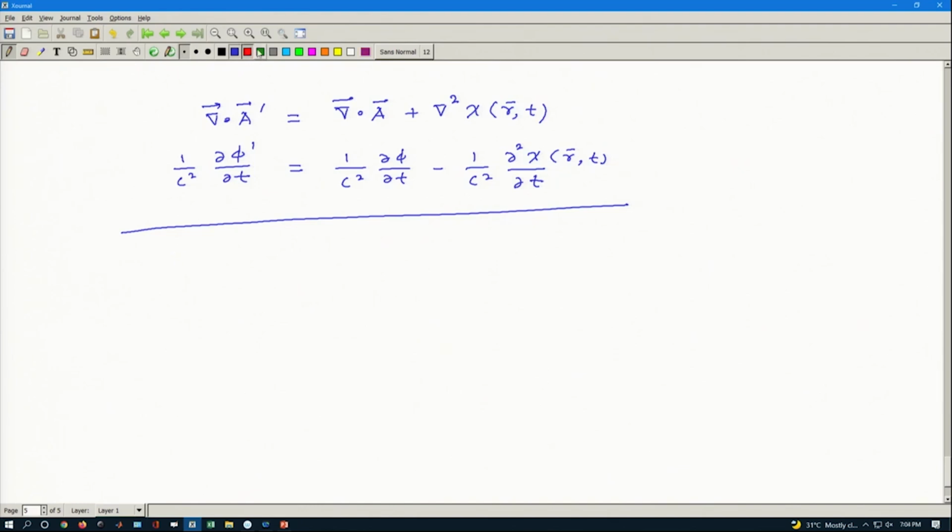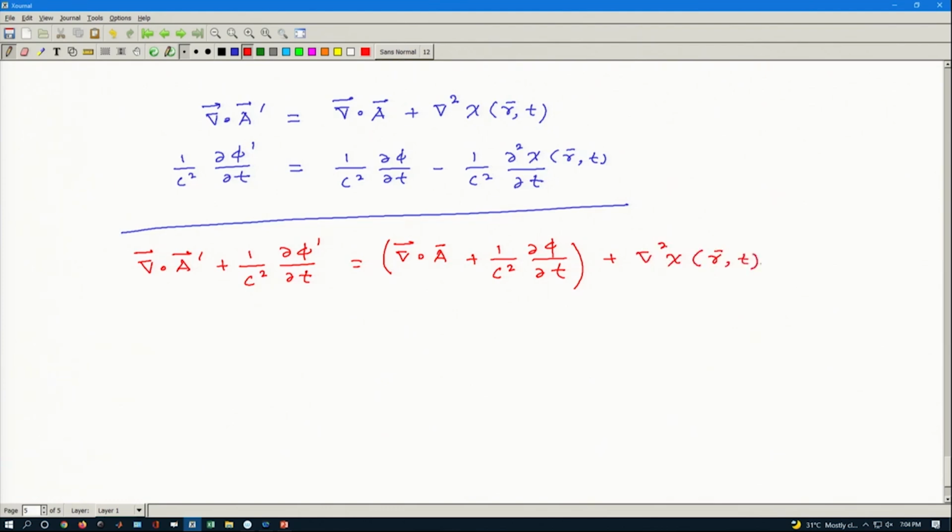If I add, then the left hand side becomes the divergence of A prime plus 1 by c square d dt of phi prime, and this term is the divergence of A plus 1 by c square del phi del t, this quantity, plus the Laplacian of chi of r and t minus 1 by c square d2 chi of r and t by dt square.